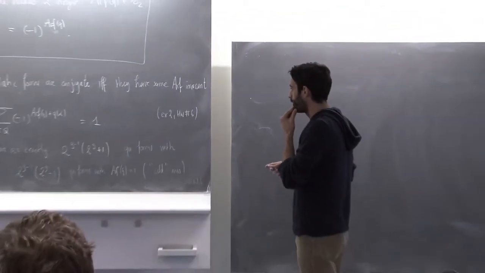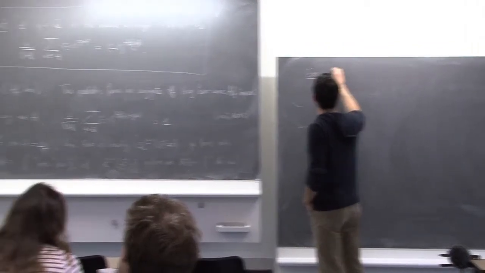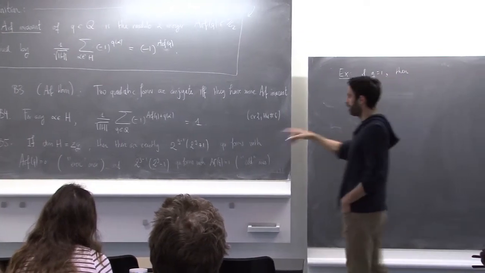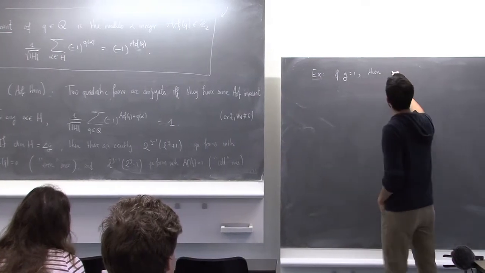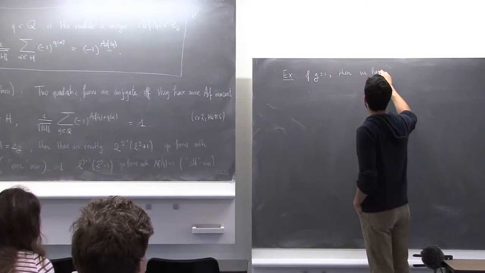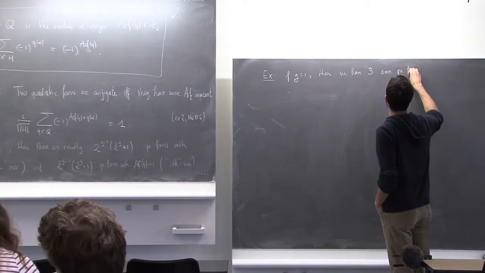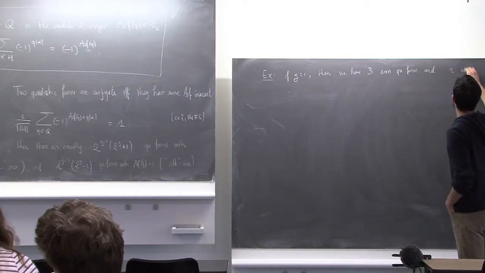Okay, maybe just as an example, if G equals 1, then we have 3 even quadratic forms and 1 odd.